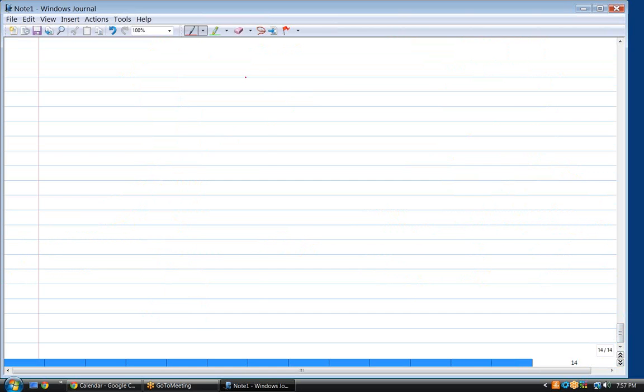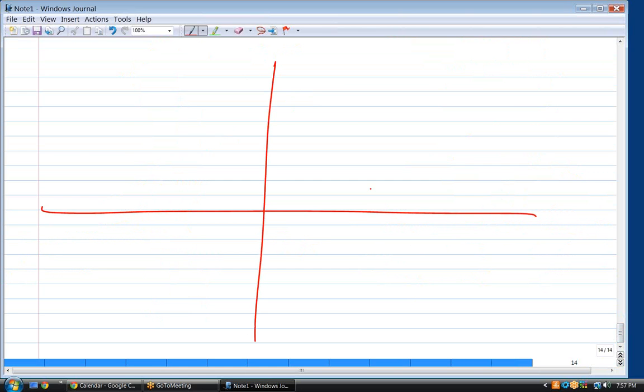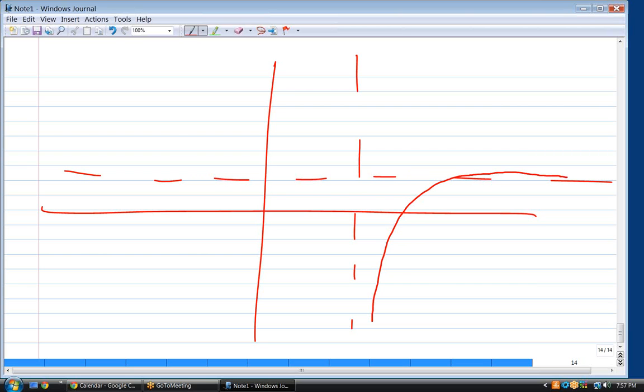Or if you had, say, a vertical and a horizontal asymptote, you can have a function do something like this. Cross the horizontal asymptote and then come back and approach it. Whereas on the other side, it might not cross it. It might be like that. So you can cross horizontal asymptotes, you can cross oblique asymptotes. You cannot cross vertical asymptotes.